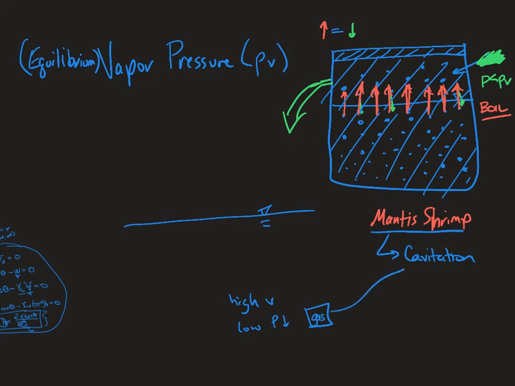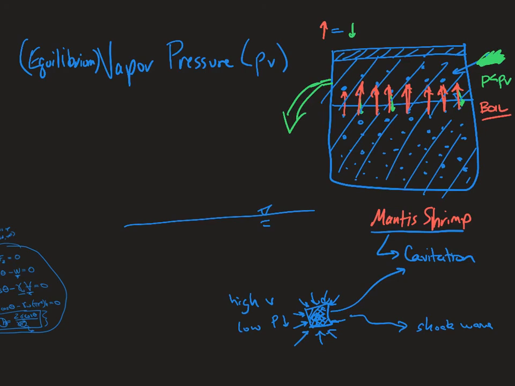That's called cavitation. When the fluid cavitates, we have this region of really low pressure, and then it implodes and becomes liquid again. As it does that, this implosion creates a shock wave, and that can be very, very bad.